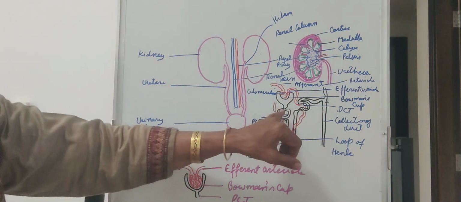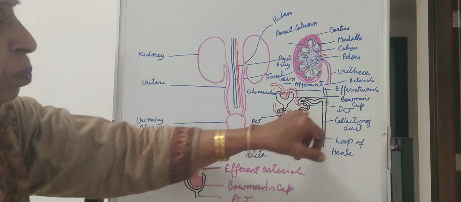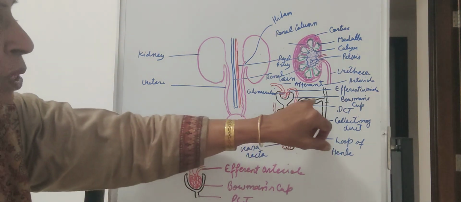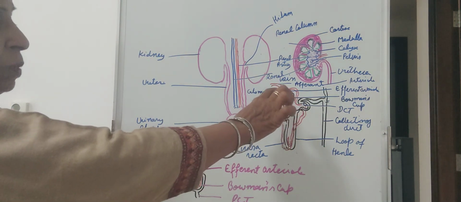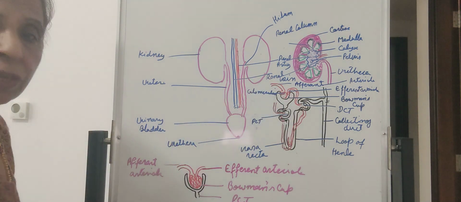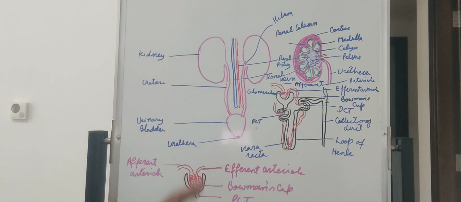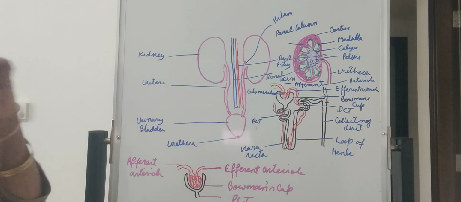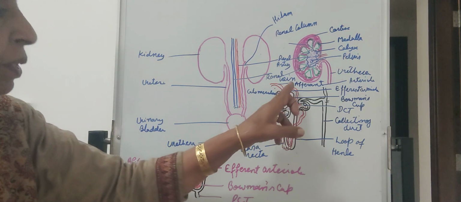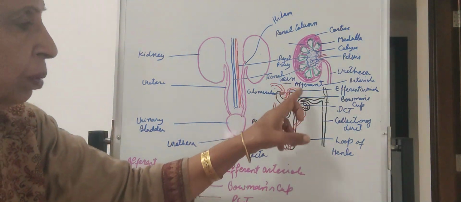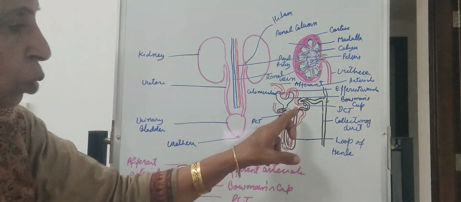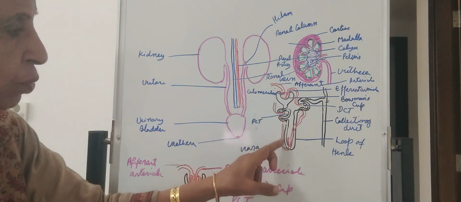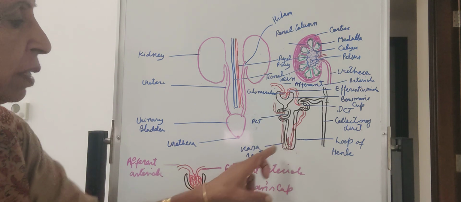Many renal tubules open into the collecting duct through the distal convoluted tubule. In the Bowman's capsule, there is a network of capillaries which forms the glomerulus. This is all about the structure of the nephron. The efferent arteriole, when it comes out of the Bowman's capsule, runs parallel to the loop of Henle and also forms a U-shaped structure, which is called the vasa recta.